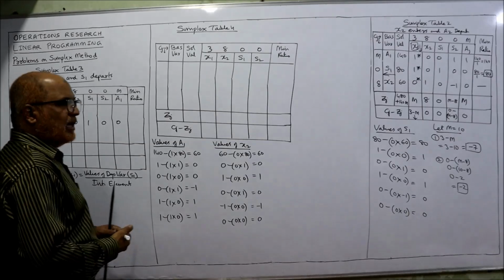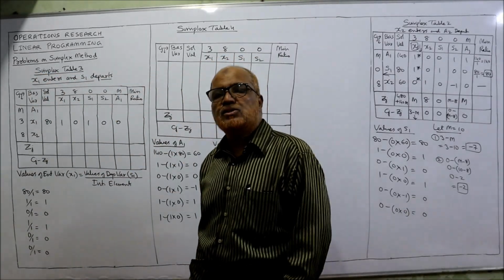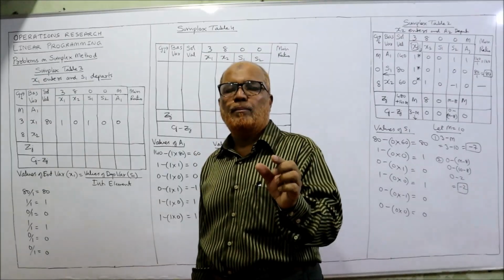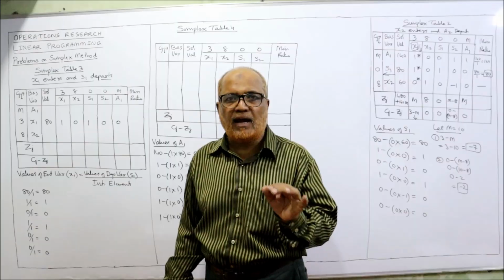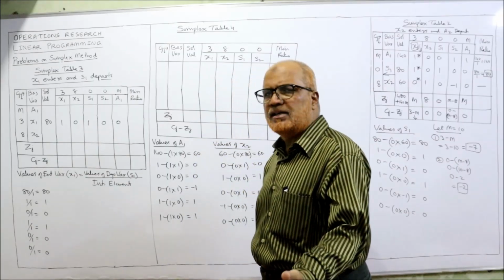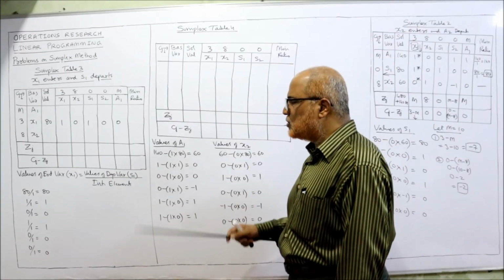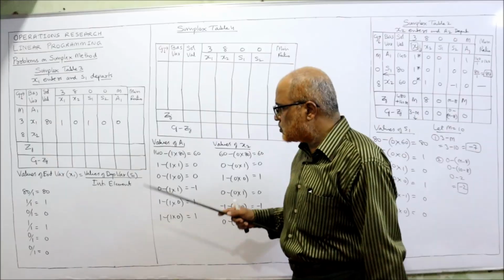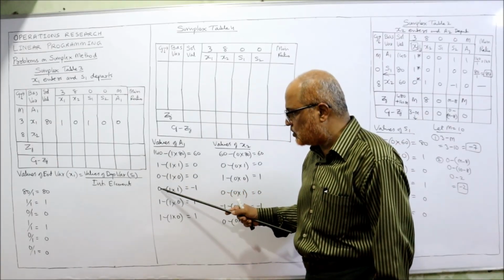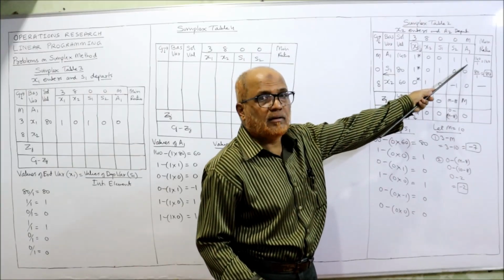That's it. Now we need to calculate the values of a1. The formula is old values of a1 minus intersectional element into values of the entering variable. Already same formula we have applied in so many problems. So what are the old values of a1? Here you can see 140, 1, 0, 0, last ones 1, 1.